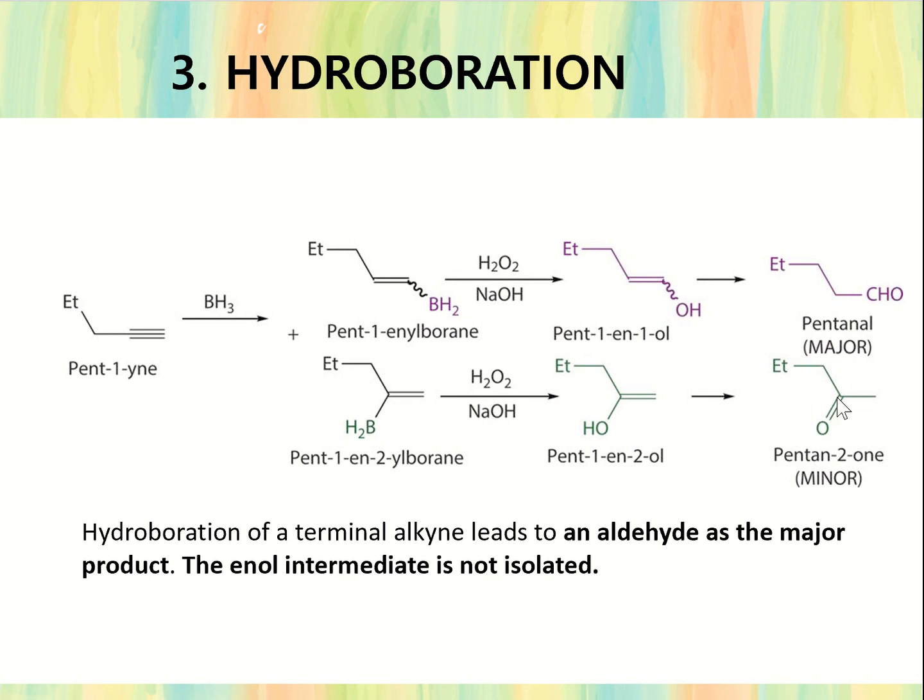So this methyl ketone is the minor product here. So hydroboration of a terminal alkyne leads to an aldehyde as the major product. The enol intermediate is actually not isolated. So they just speculate that it must have gone through that intermediate in order to lead to the aldehyde.